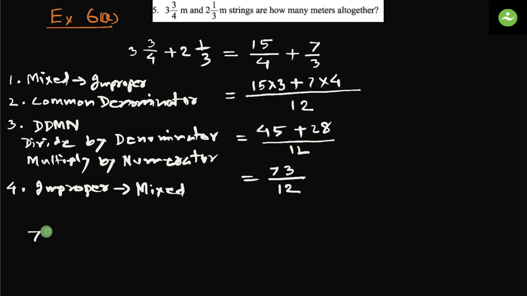Very easy. Divide 73 by 12. 6 into 12, 72. And 1 here. So 6 and 1 over 12, or 6 and 1 twelfth, equals to 6 and 1 twelfth.